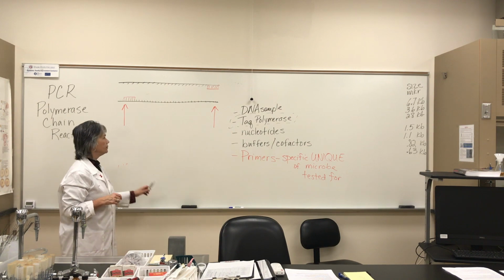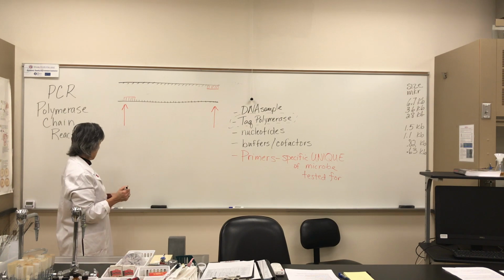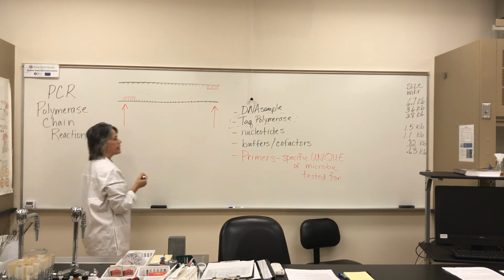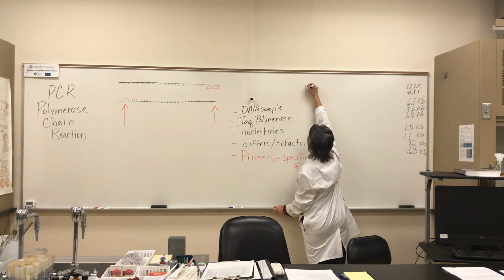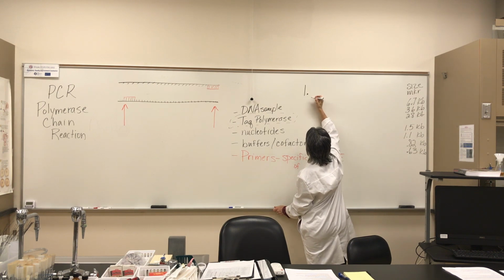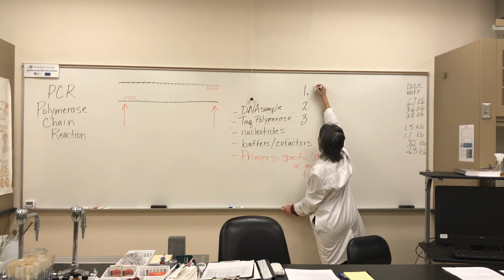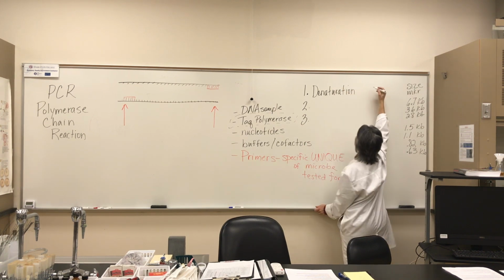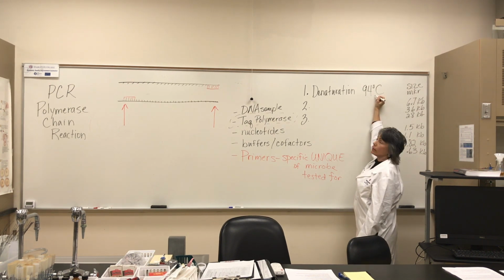So, in a PCR reaction, we've got our ingredients, now we'll have our steps. There's 3 basic steps to a PCR reaction. The first is referred to as denaturation. 94 degrees Celsius, that's almost boiling.